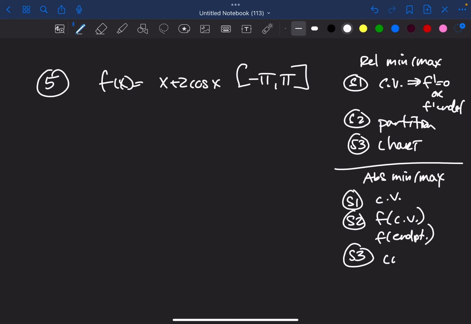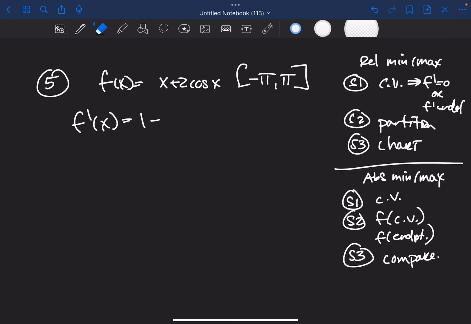Step 3 is to compare, yes? It's not really the first derivative test. The first derivative test says if it changes sign at a critical value, so we're using that in there, really, in the first one. So let's do what we got. I take the derivative, I get 1 plus, the derivative of cosine is negative sine, so it's 1 minus, what?